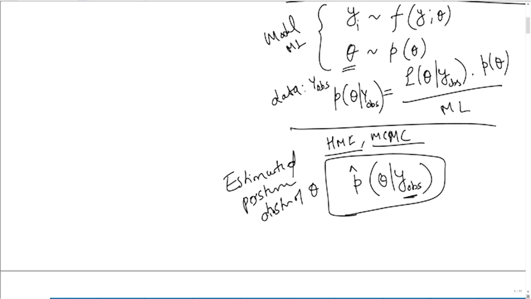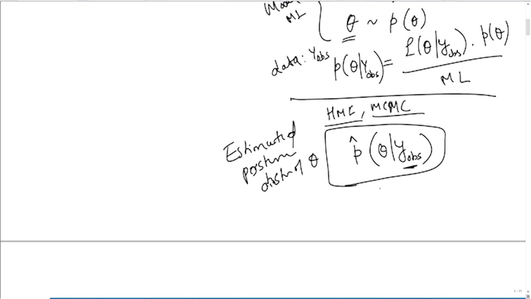Now, how do I generate posterior predictions? Do you remember? In order to generate posterior predictions, I will sample a lot of values of theta from its posterior distribution. So, let us say theta j from its posterior distribution. Basically, you are drawing samples from the posterior, or whatever samples you have collected from the posterior, you use those samples.